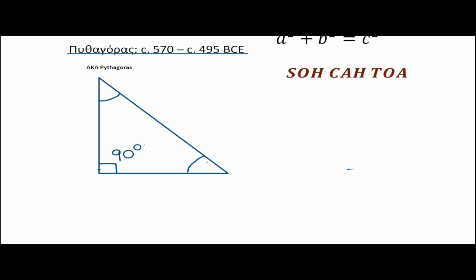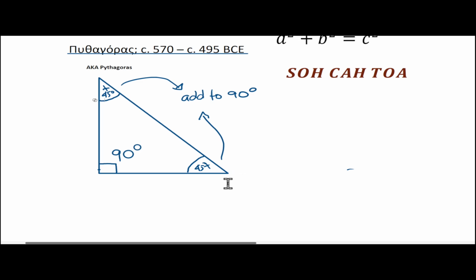That means that this angle here and this angle here, because there's 180 degrees in all triangles, internal angles, must add to 90 degrees. So in other words, if this one is 45 degrees, this one must also be 45 degrees. And so on. It's just a really quick shorthand.